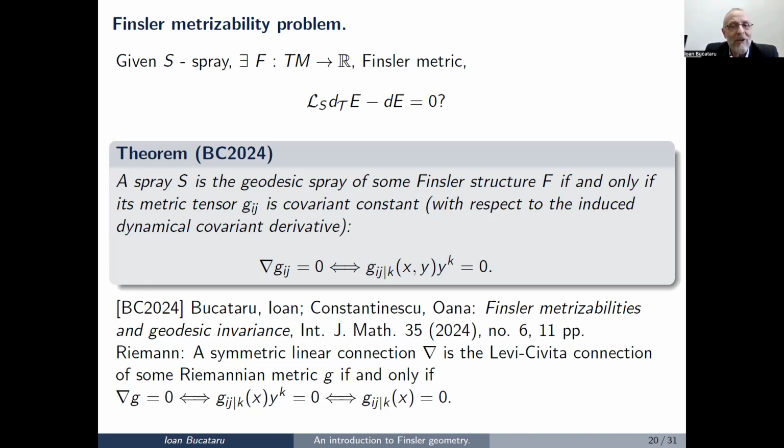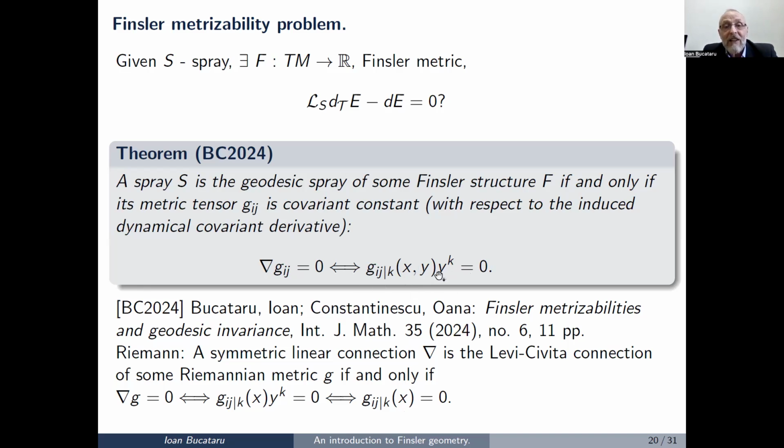I didn't want to go here into all this detail. However, all these connections coincide when you consider the connection along the geodesic spray. So here, this nabla is a covariant derivative along the geodesic spray. This is why we have this covariant derivative in the direction of y. Okay.